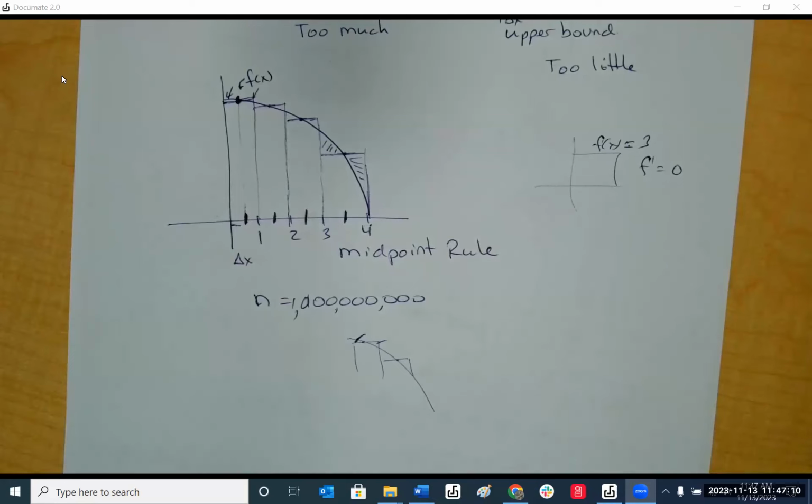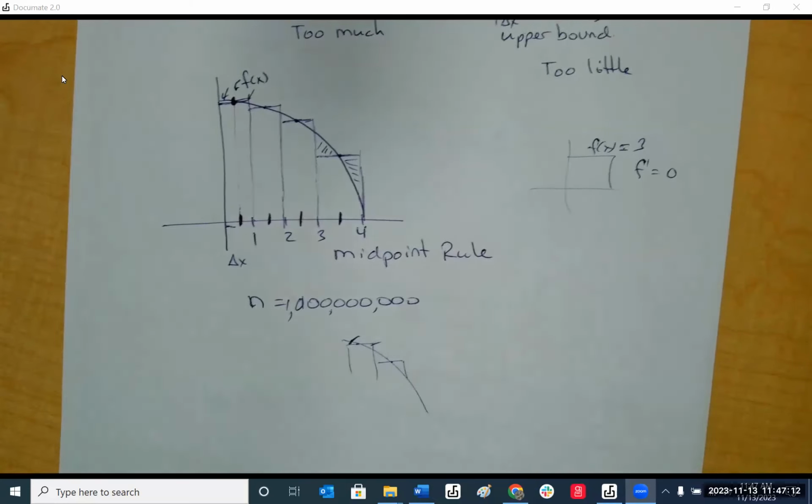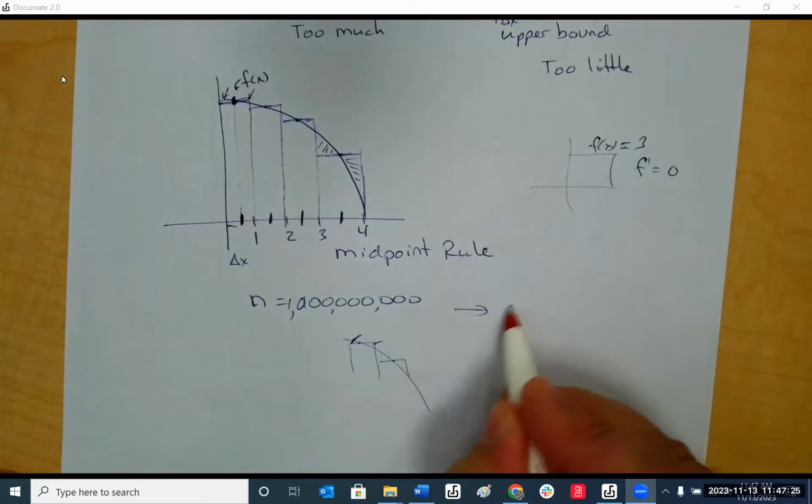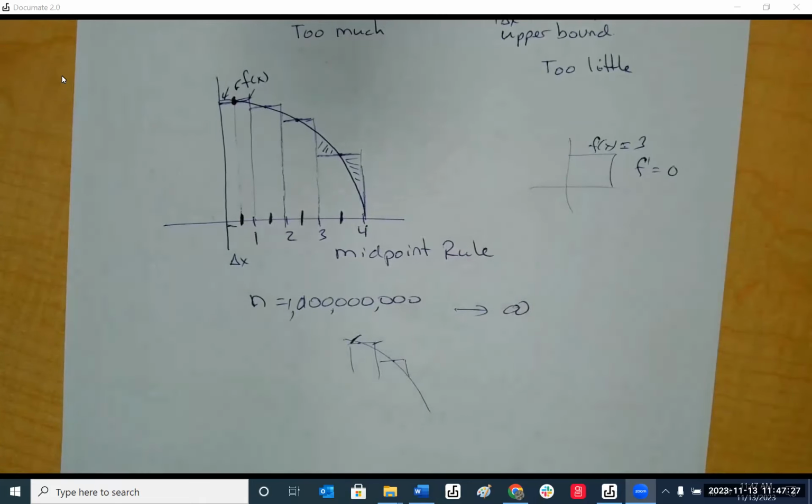Okay. So you always have that little margin of error. Yes, you will, but then no, you won't, because I'm going to infinity. Each rectangle is the size of one line, so there's no difference.